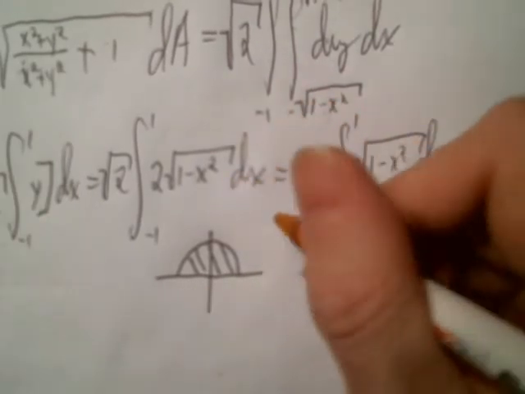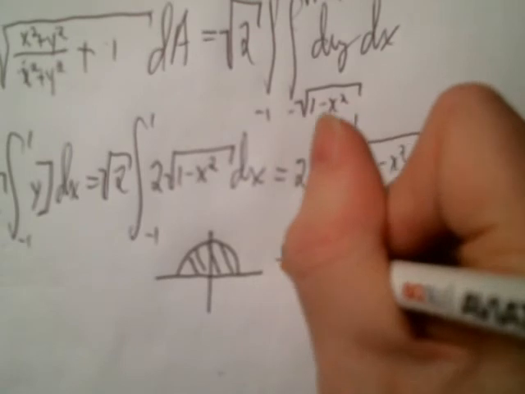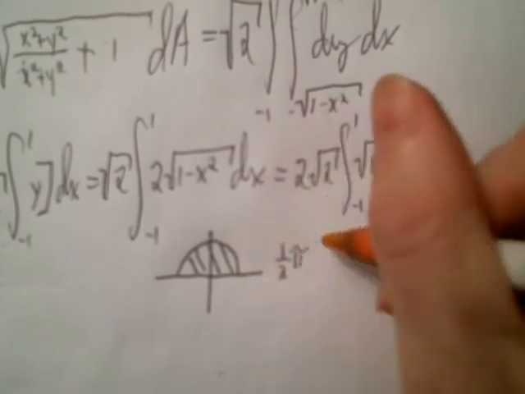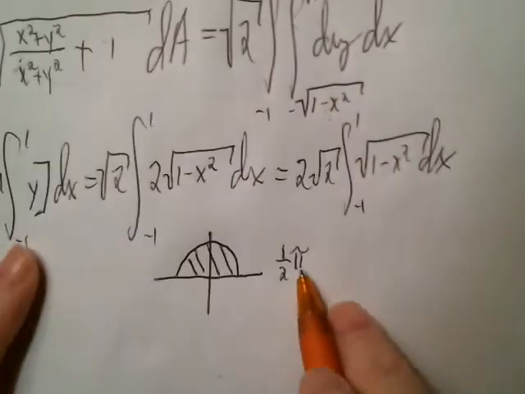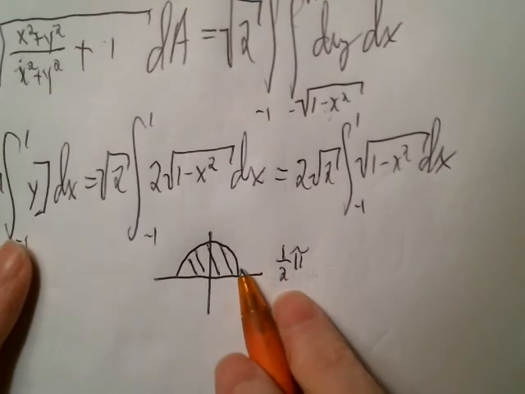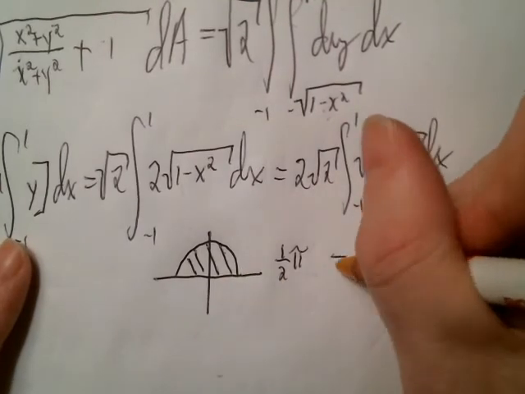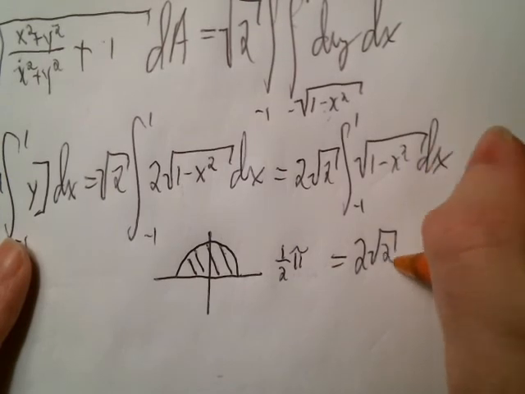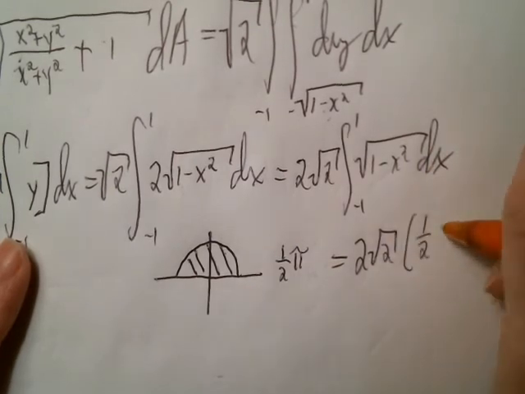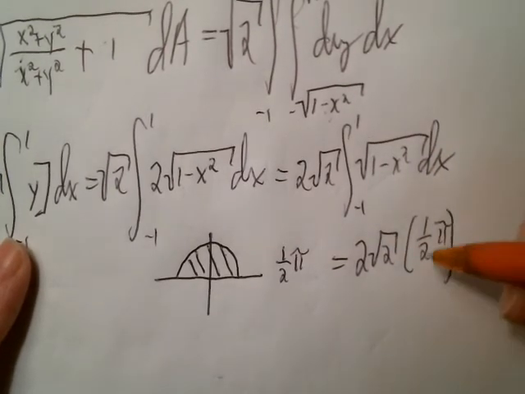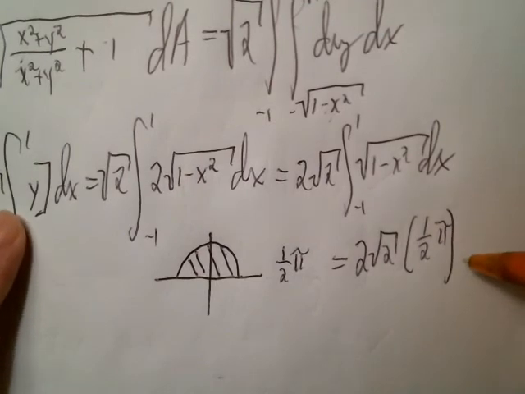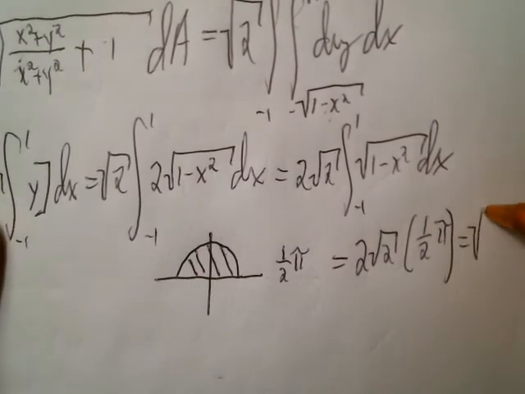Well, that's just a semicircle, so it's 1/2 pi r squared, where in our case r is equal to 1, right? So it's just 1/2 pi. So this is 2 root 2 times 1/2 pi, which will be root 2 pi, which is our answer.